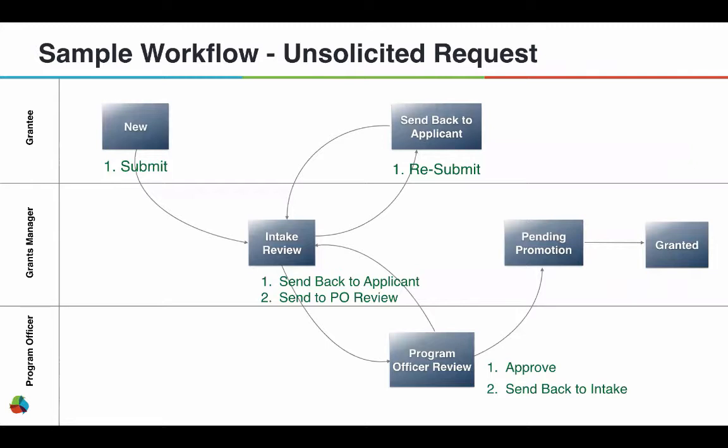Or send it back to the applicant. Once it's been approved by the program officer, then the request can be promoted to a grant. We've almost made the Flux logo out of our arrows. Kind of cool.